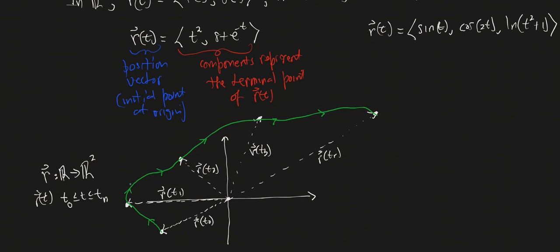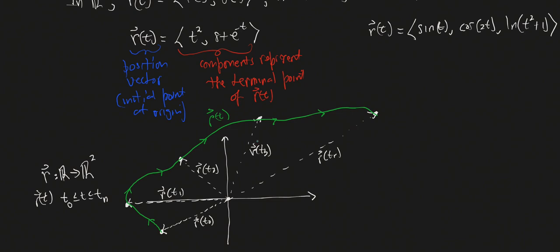So what I have in green now is what we would actually plot, and we would say that this green curve is the plot of our vector valued function. So it's another way of generating curves, but now we're using vectors. So what I have in green is the plot of r of t.